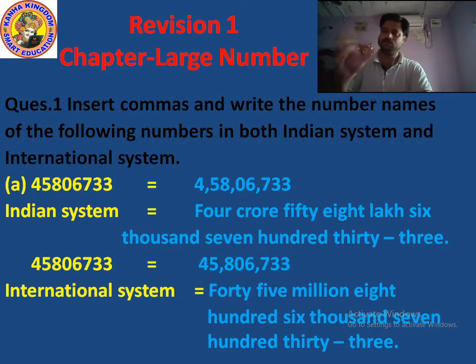Okay, so now the number is 45806733. Once again I repeat the number, 45806733. So first you count the digits, how many total digits are there.